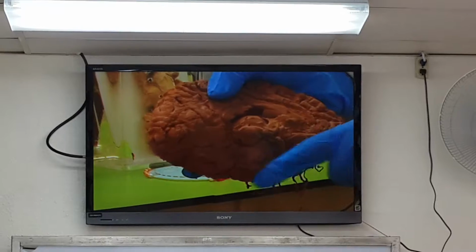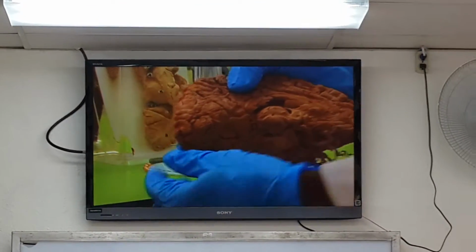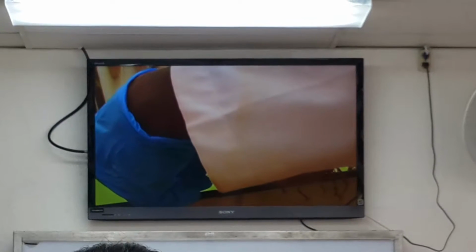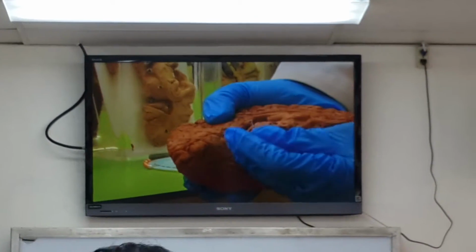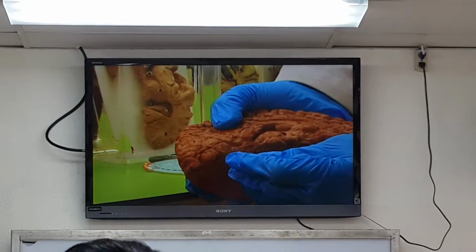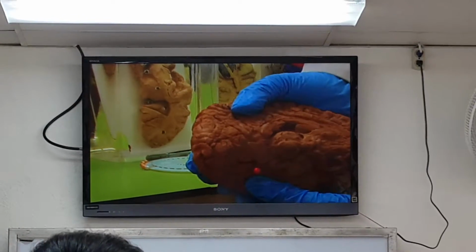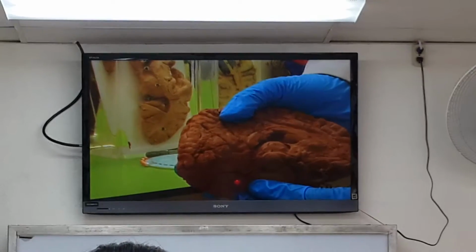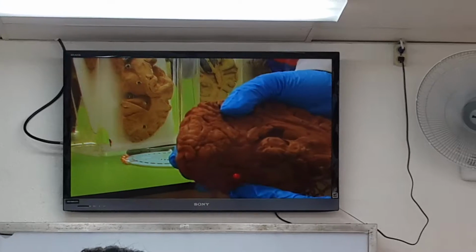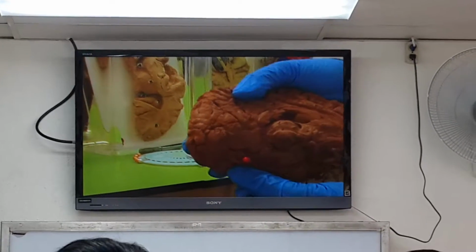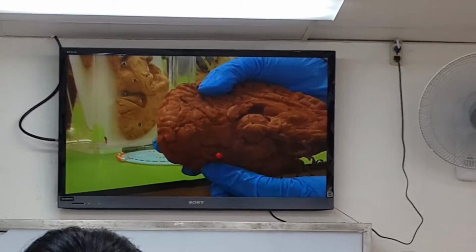It's called the temporal part of the inferior surface. In this part there is a sulcus which is very deep. Can you see that? That's called the collateral sulcus, and it is very deep.